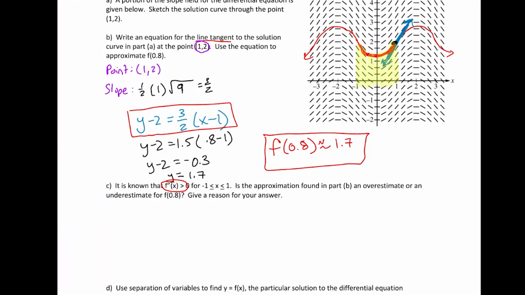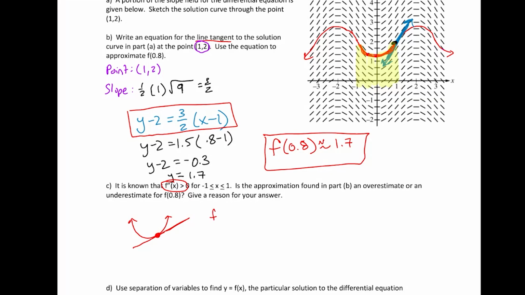So it says, is the approximation for part B an overestimate or an underestimate for 0.8? Now on this sketch, it's a little hard to tell, but let me give a more exaggerated sketch here. If we have a concave up curve, and we've got a point on that curve where we have a point of tangency, all the points on that line are going to lie below the curve. Okay, so that means that we have an under approximation.